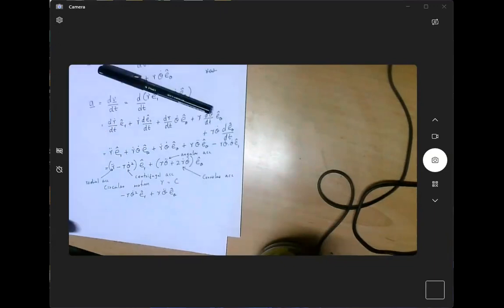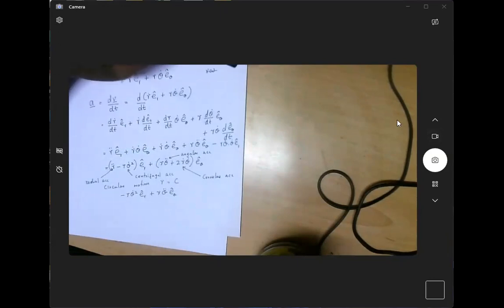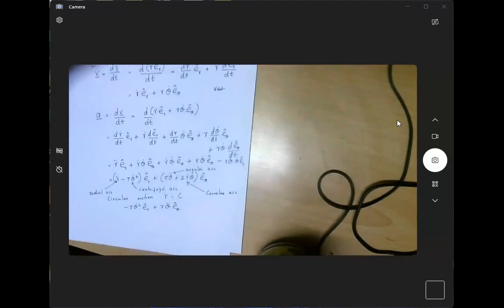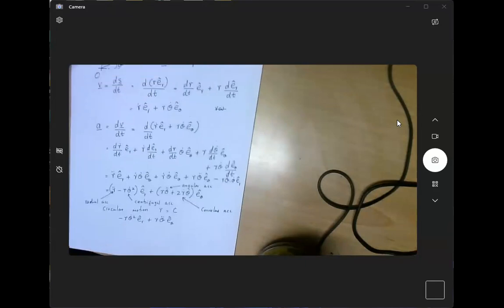Right? Okay, we'll stop here for this week, and let's meet in another session. Are there any questions you need to ask? Get a very good understanding of these accelerations and how you're going to apply them in different scenarios in polar coordinates, right?